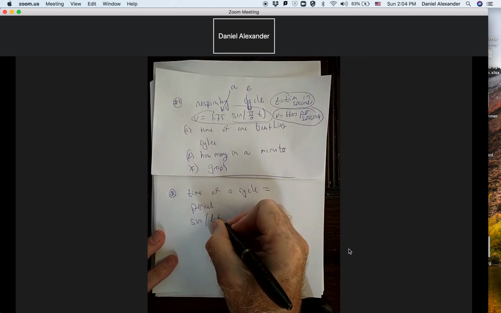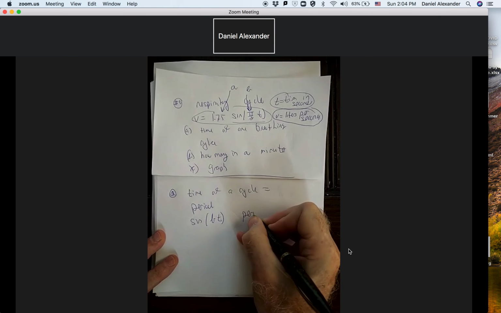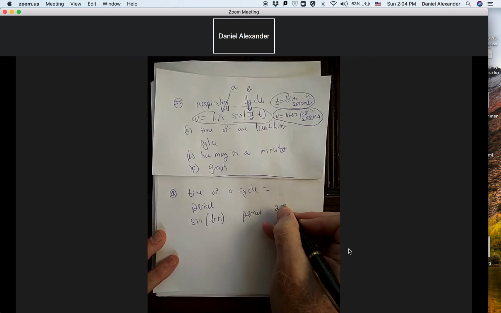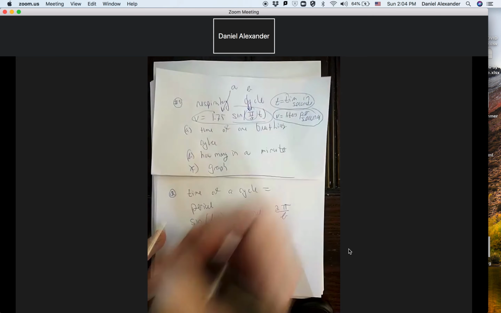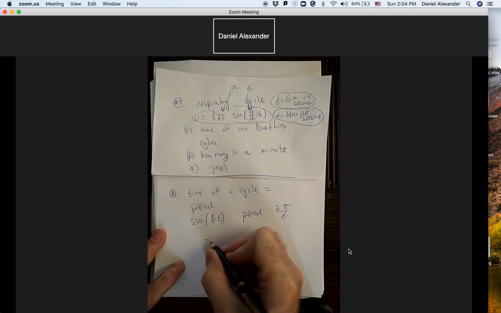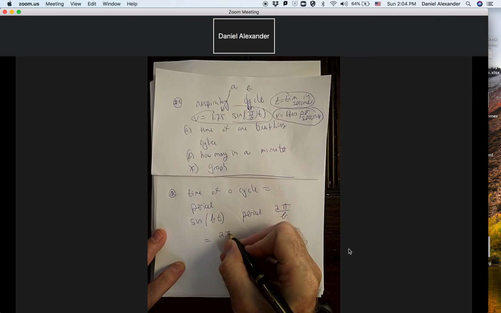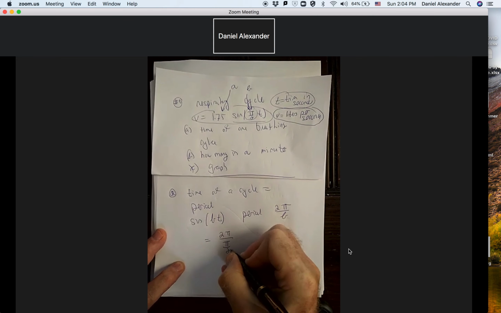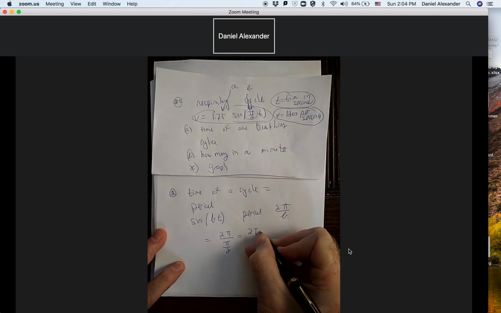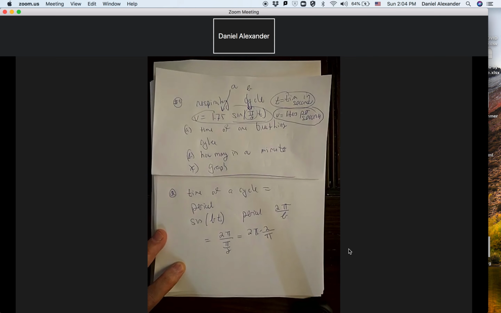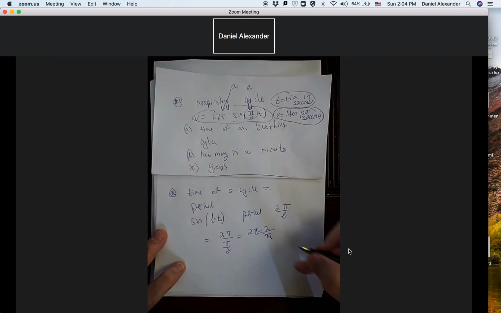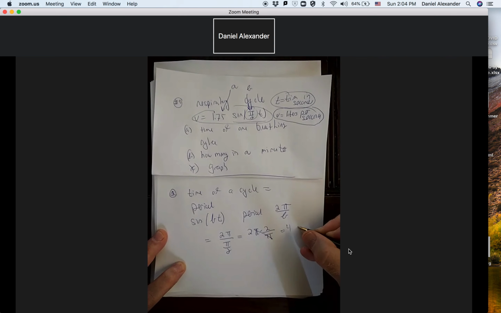When we have sine of BT, the period is 2 pi over B. So B is going to be equal to pi over 2. So the period is going to be equal to 2 pi over pi over 2. We have to invert and multiply. So we invert the fraction, the pi's cancel, and we get 4. So a period is 4 seconds.